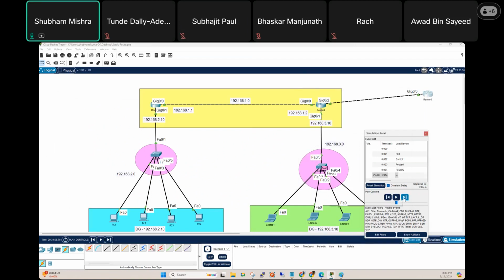Now PC1 will generate the next ICMP packet.